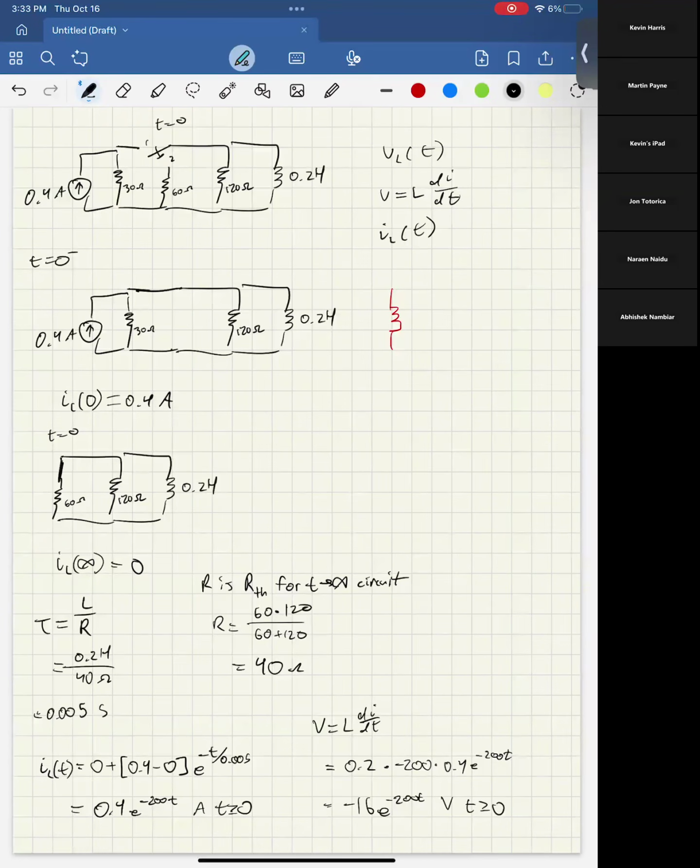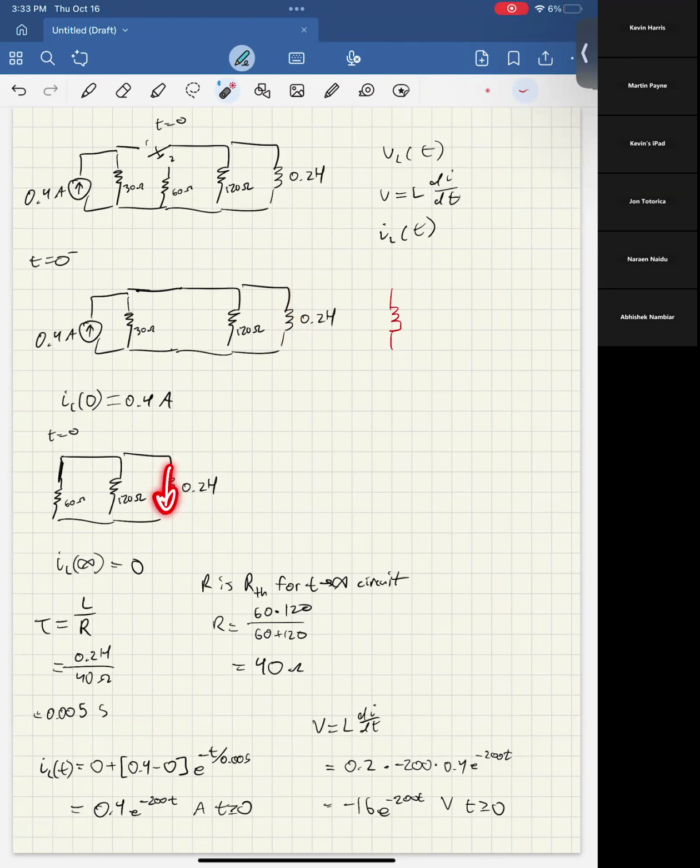It's kind of interesting to think about what the negative 16 means here. If we define this as positive voltage or positive current, we can assume there's a higher voltage here than here. But we say this is positive current just from how we got this, so we have positive current flowing here.